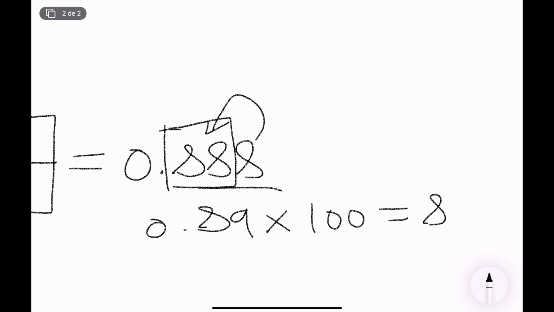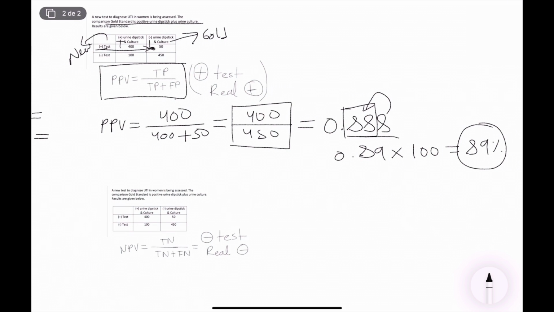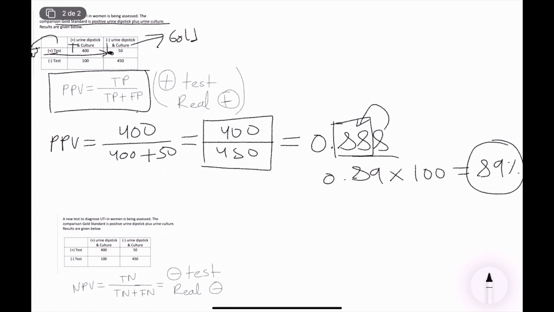It is 89% positive predictive value. So the probability that a positive test is a real positive is 89% in this case.